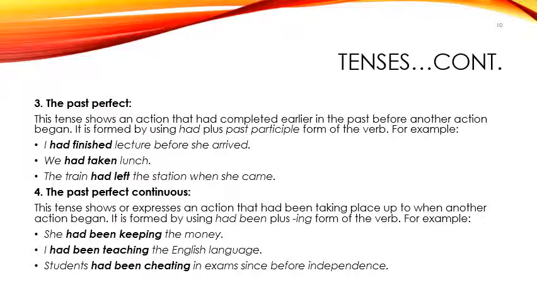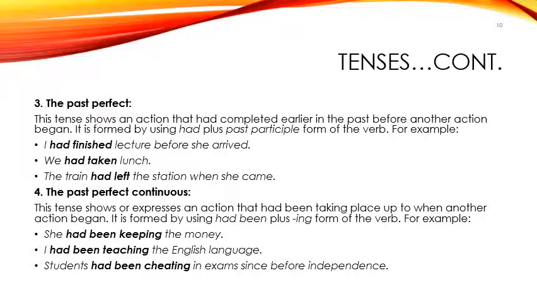The first example is a regular verb taking its past participle using ed, while the second example is an irregular form taking its past participle without using ed. The third example, the train had left the station when she came. All these examples are expressing actions that were completed in the past before another action began.